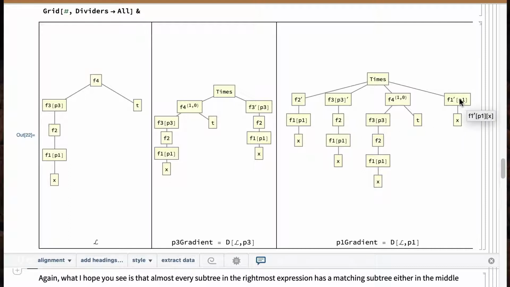And what about F1P1 of x? Well, x sure isn't hard to compute. We know what that is. And F1 prime of P1, again, we just have to have computed that once. And so we end up with very little work here, just looking up things in memory, and then at the end we will have to multiply it all together, but that's not too scary.